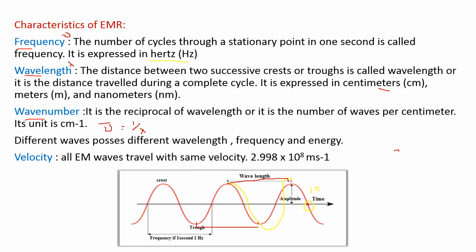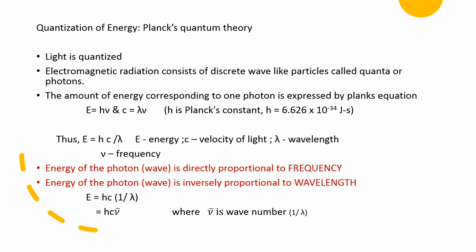Different waves possess different wavelength, frequency and energy. All different electromagnetic radiations possess different wavelength, frequency and energy. But all electromagnetic waves travel with the same velocity, that is the velocity of light. So those were the characteristic properties of light, that is frequency, wavelength and wave number.